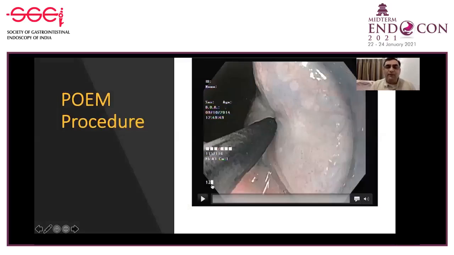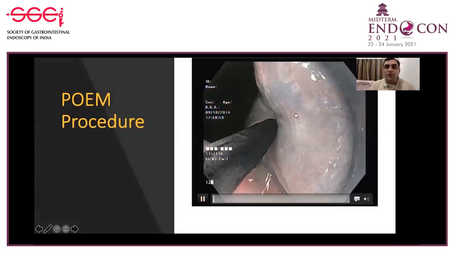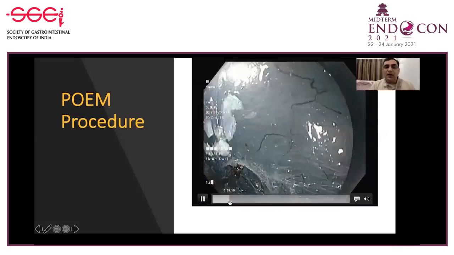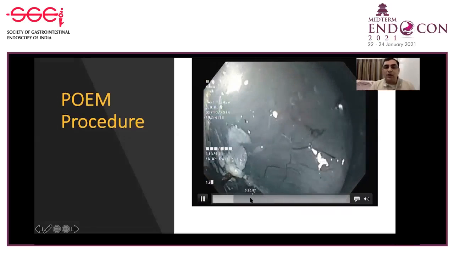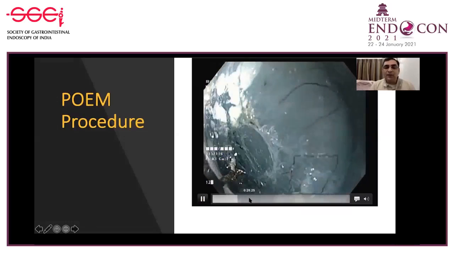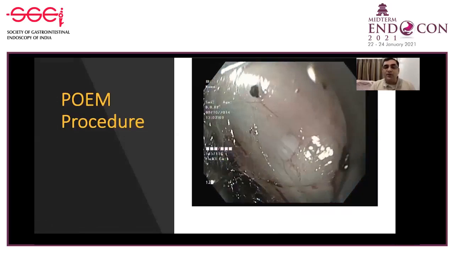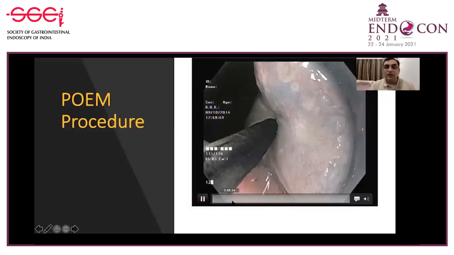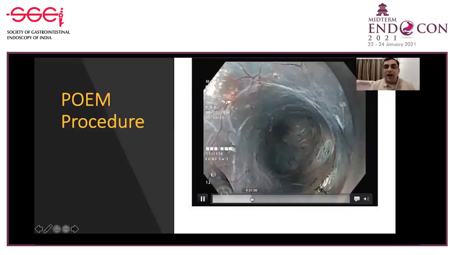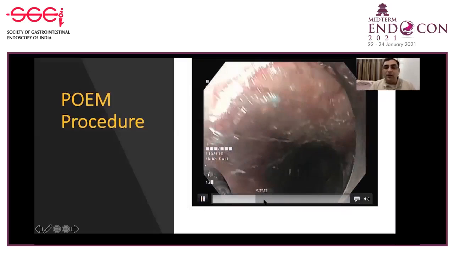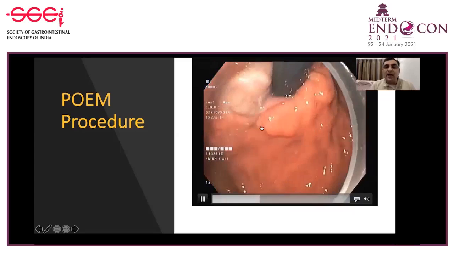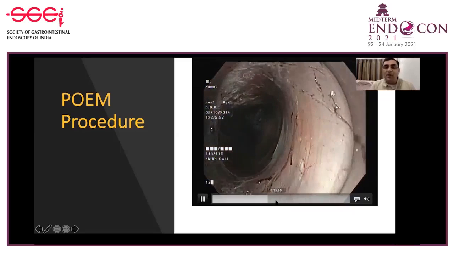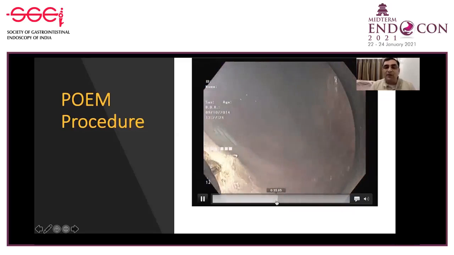In very brief, we will just see the steps of POEM. This is the submucosal injection, then the incision, then entry into the tunnel, doing submucosal dissection, separating the mucosa from the muscle, and then completing the tunnel 2 to 3 centimeters inside, assessing it from the retroflexion of the scope, and then doing a myotomy, which is our primary aim of discussion today.